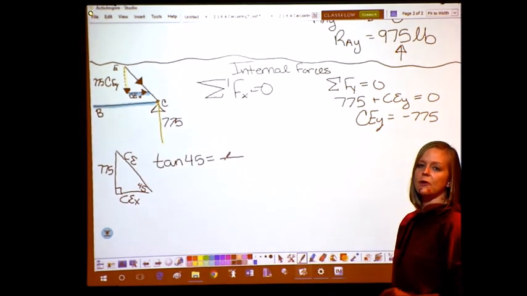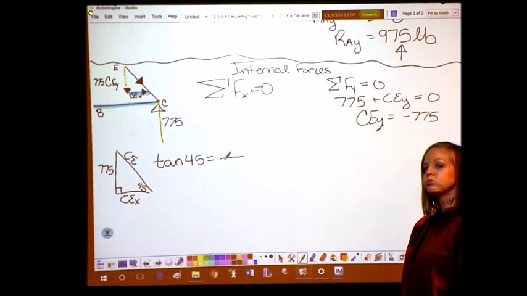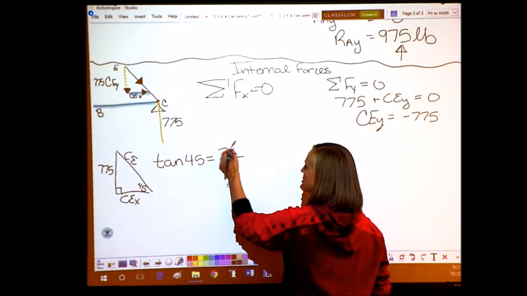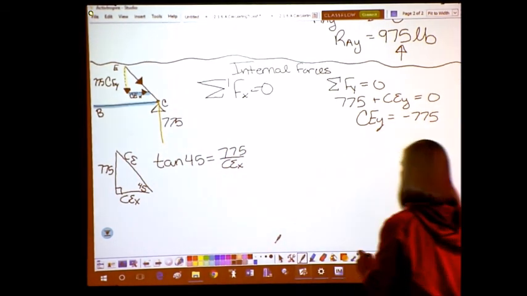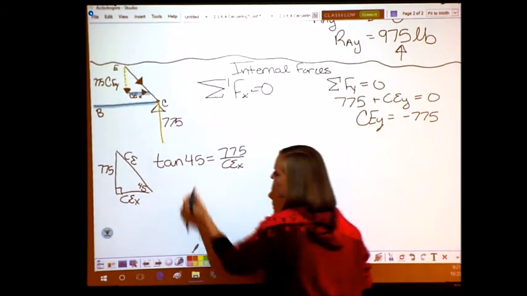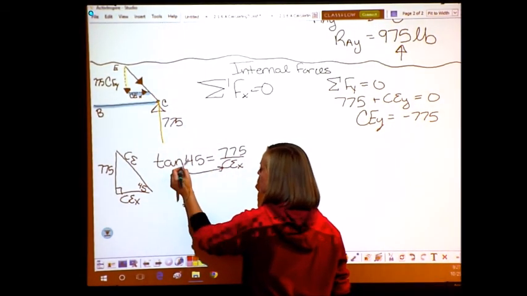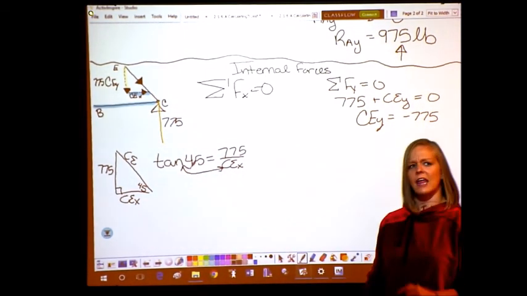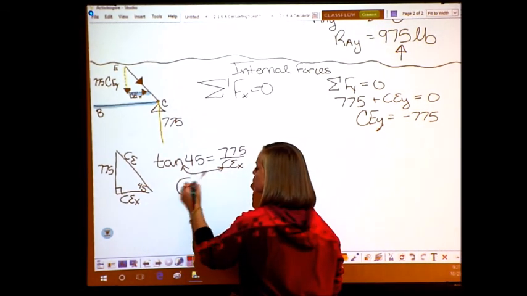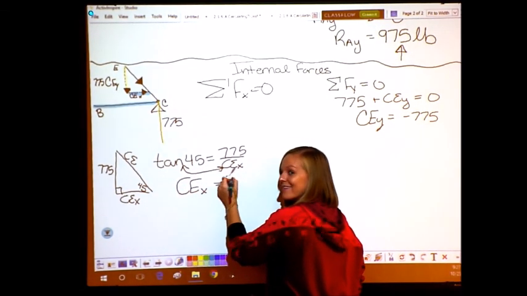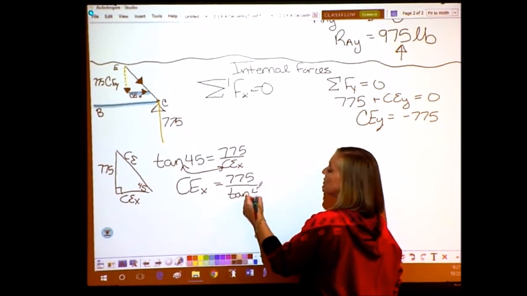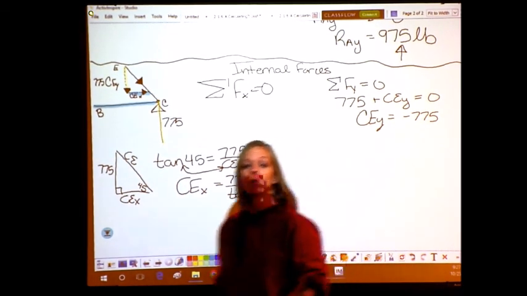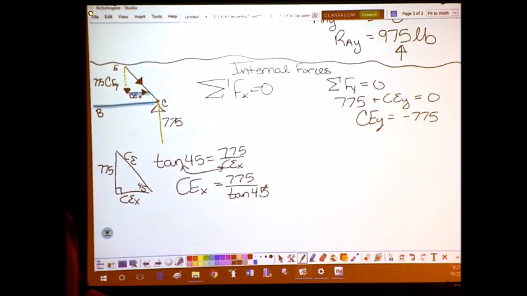What's opposite of 45? 775, over adjacent, CEX. Remember what I told you from algebra 1? Those switch. Caleb, you stopped writing. You're making me nervous. And you get 775.